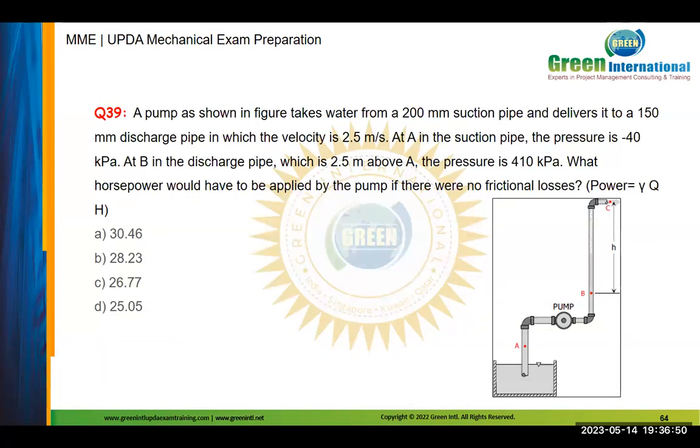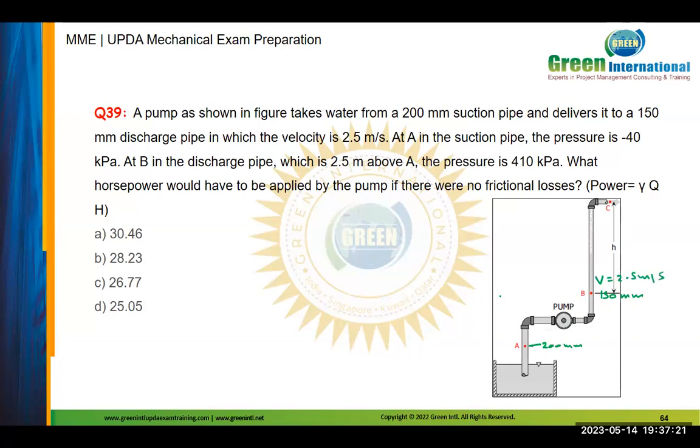A pump, as shown in the figure, takes water from a 200 millimeter suction pipe. Here, this is the suction pipe, 200 millimeter diameter. It delivers it to a 150 millimeter discharge pipe, in which the velocity is 2.5 meter per second. Here, velocity 2.5 meter per second.